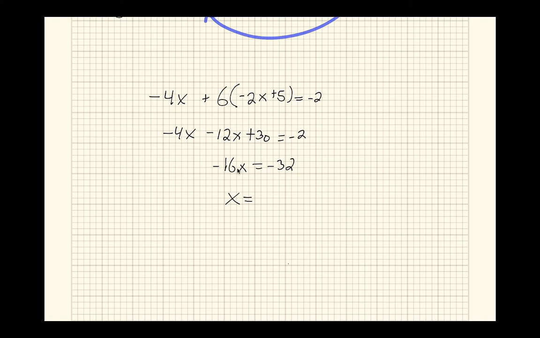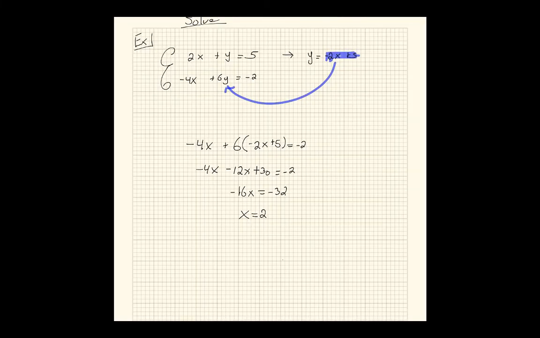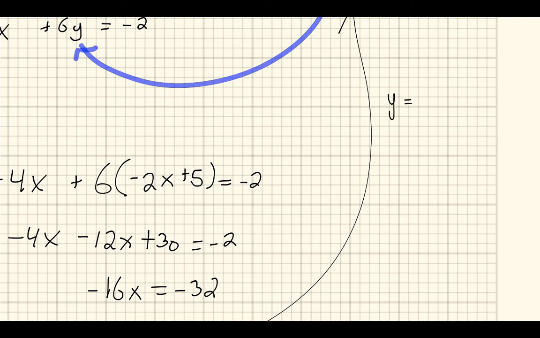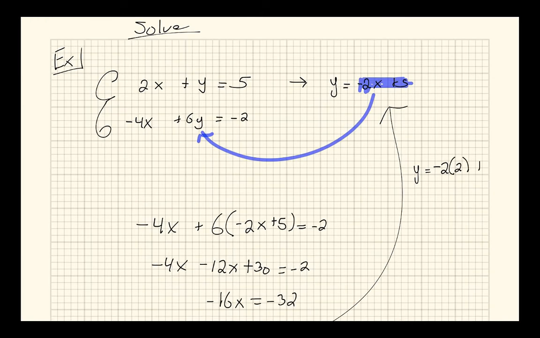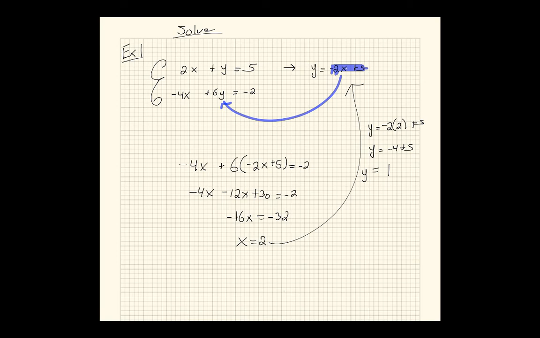Negative 32 divided by negative 16 gives me a 2. Once you find that, we plug it in for x up here. So y is equal to negative 2 times 2 plus 5, which is negative 4 plus 5, which is 1.